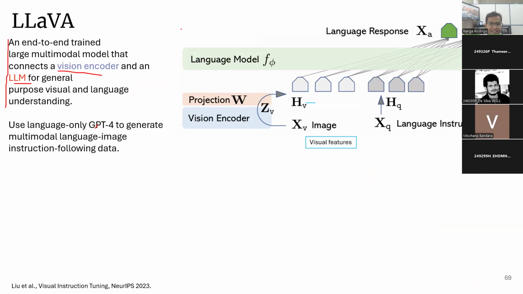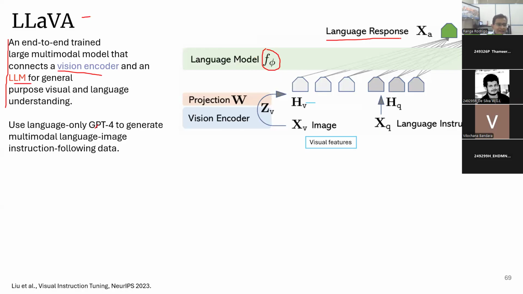So take a large language model. If you give it a sentence, encoded in a suitable manner, it will be able to produce language output.